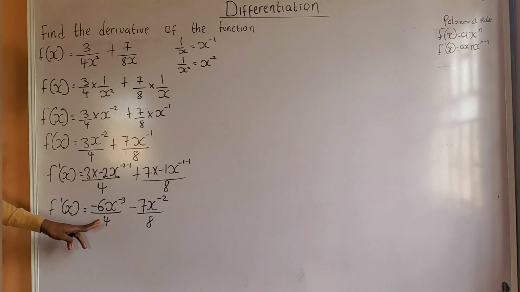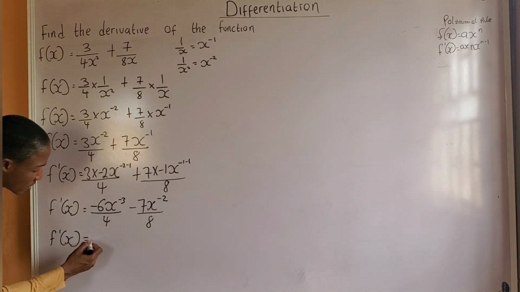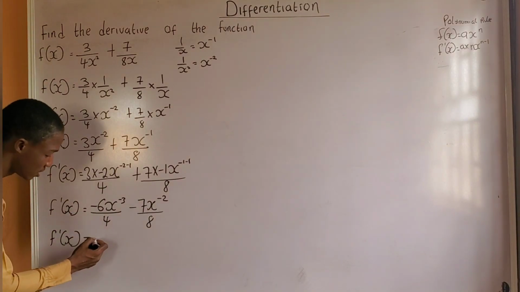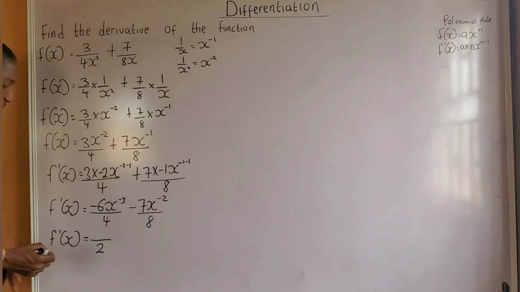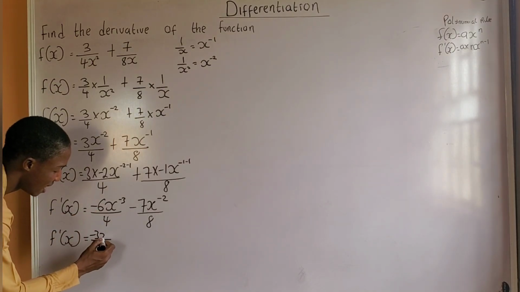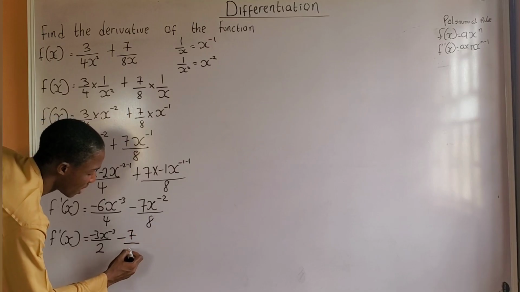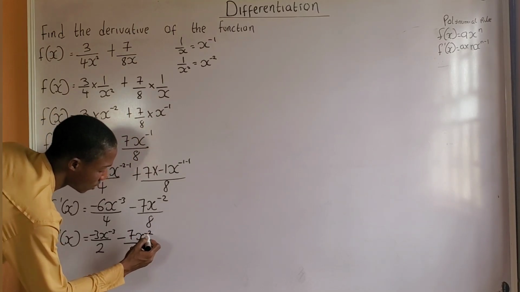You can reduce this. The derivative of f of x is equal to, now 2 divided by 4 will give me 2. I'm going to have this 2. Negative 6 divided by 2 will give me negative 3. So I'm going to have negative 3 x raised to the power of what? Negative 3, okay? Minus 7 all over 8 x raised to the power of negative 2, okay?